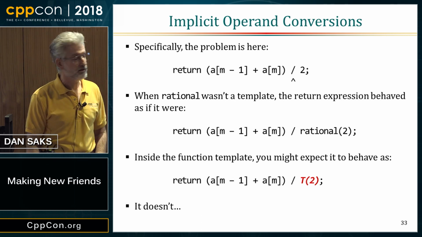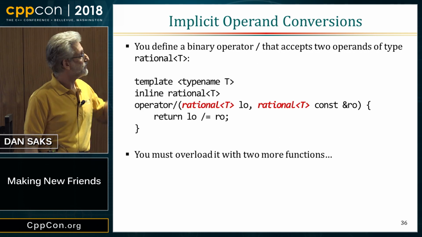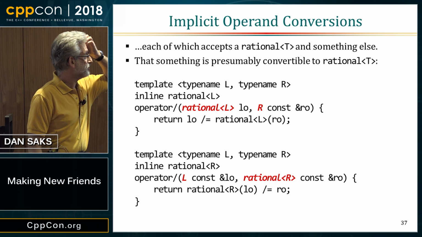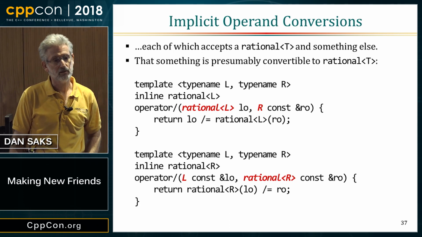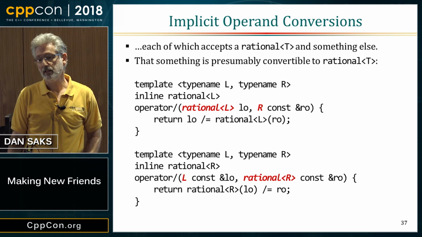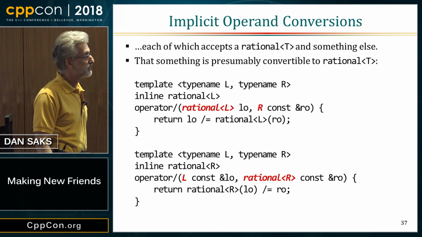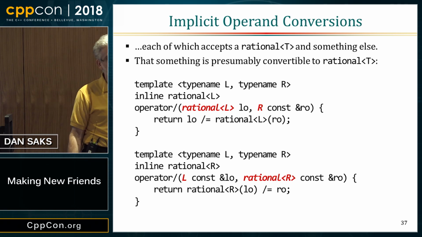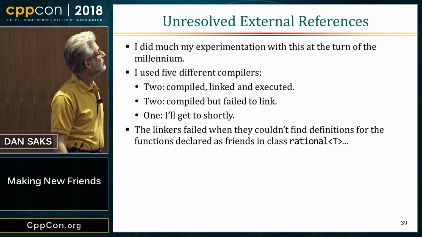You can do it, but it causes an explosion of code. You have to do essentially a trio of function templates for every one of your binary operators. And it's tedious and error prone, not a really preferred solution to this problem. It's not clear it's worth it.